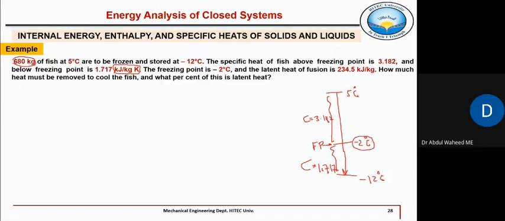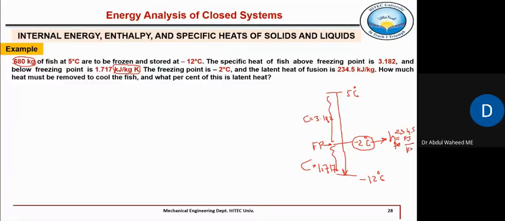So during this phase change process from a solid-liquid mixture to pure solid, when it is freezing, the latent heat of fusion, we will represent as hf or hfu, h fusion. Okay, so do not confuse it with hf and hfg. Those are for liquid and gaseous region. So here it is h fusion, fu. That is given as 234.5 kilojoules per kilogram.